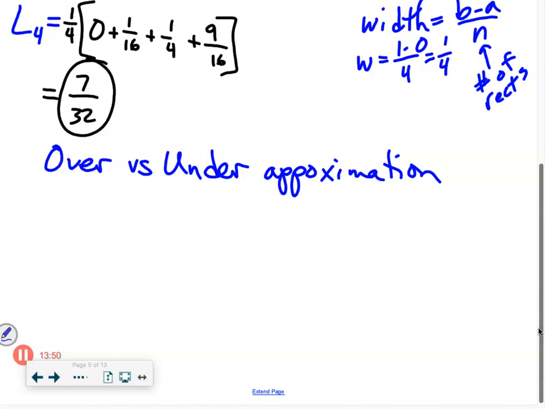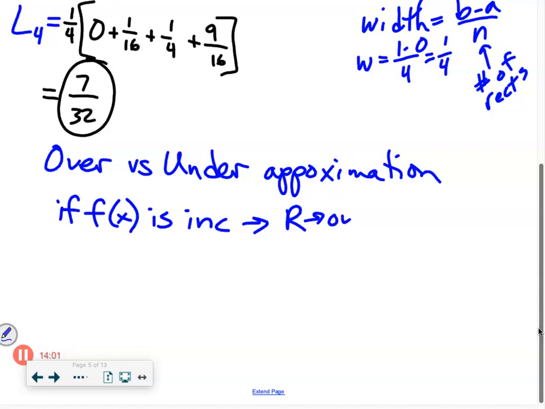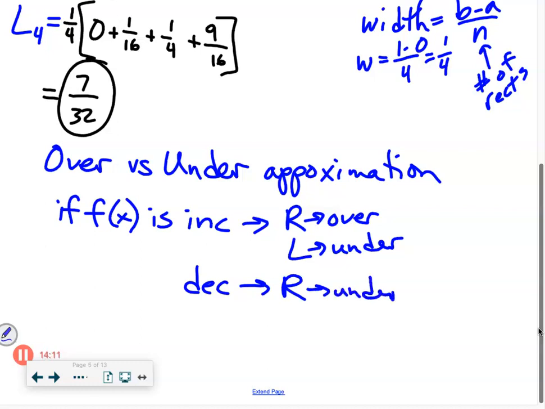If your function is increasing, then your right would be an over and your left would be an under approximation. If your function is decreasing, it's going to be the opposite. Your right's going to be an under and your left is going to be an over.